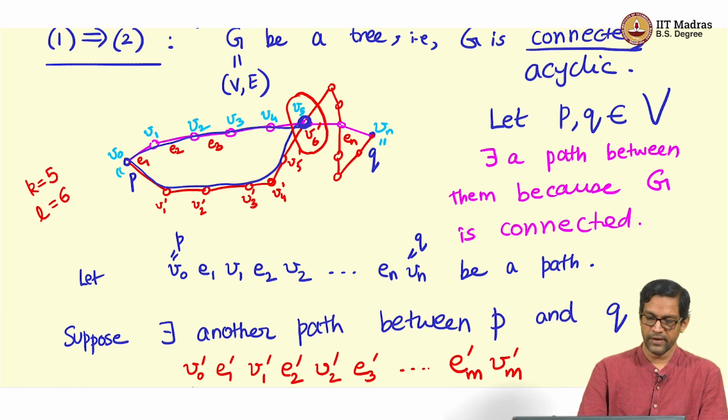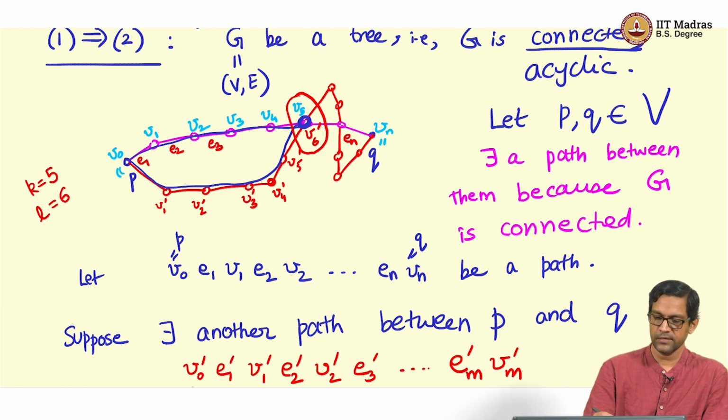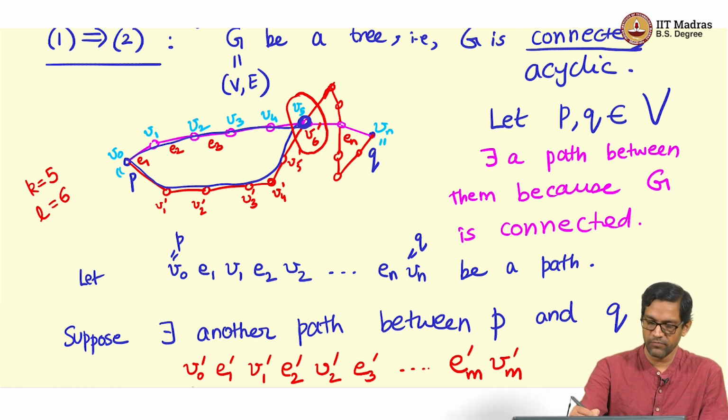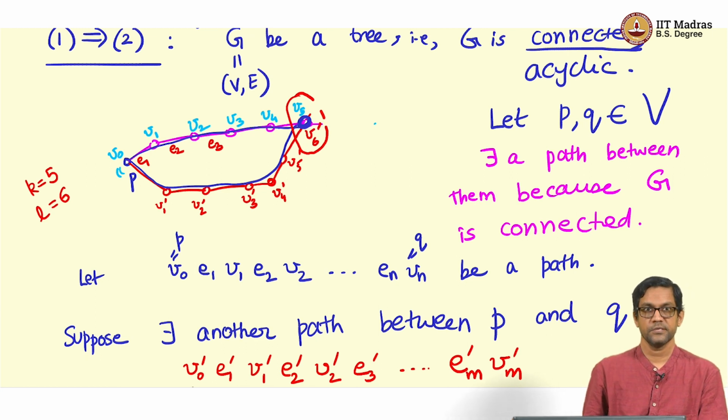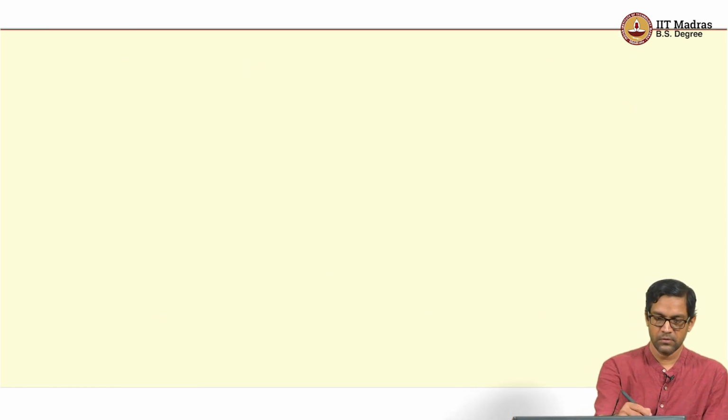Now all we have to do is put together these two paths and form a cycle. At this point we can forget about the rest of the graph. We will remove the rest of the graph from consideration and we have a cycle. So let us write this out.